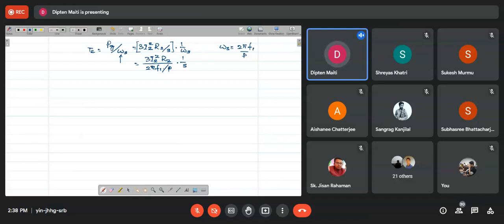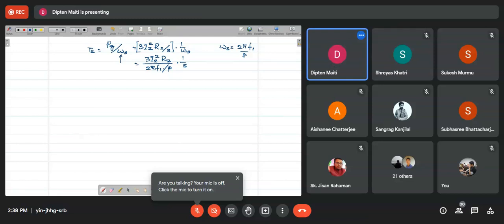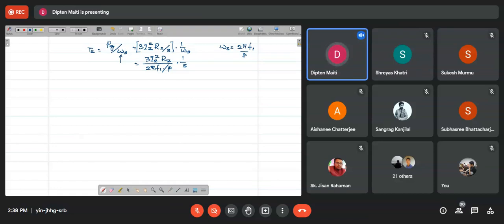It does not matter whether this is stator referred or the actual rotor quantity, because when the rotor resistance is referred to the stator, it needs to be multiplied by the square of n1 by n2, the turns ratio of stator and rotor, and I2 is to be multiplied by n2 by n1 squared. So the turns ratio involved in the current and the turns ratio involved in the resistance cancel each other.